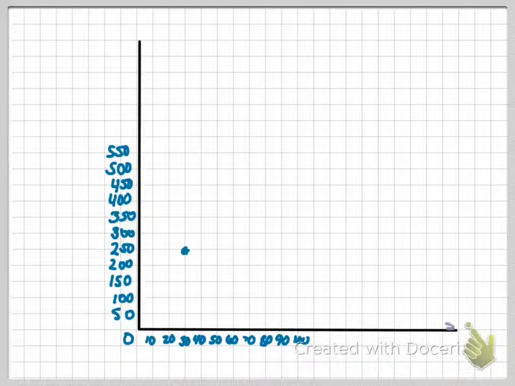So look at the x-axis. What do you notice it's counting by? The scale is 10. It's counting by tens. And then on the y-axis, what is the scale? The scale is 0 to 500, counting by 50s. So now we want to identify this coordinate point.